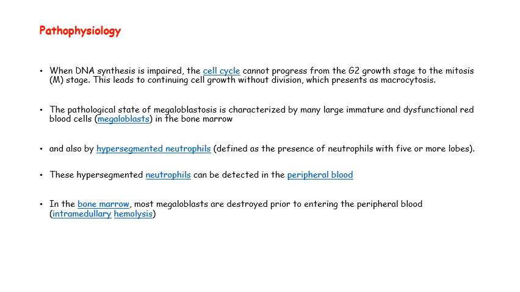The pathological state of megaloblastosis is characterized by many large, immature, and dysfunctional red blood cells, what's called megaloblasts, in the bone marrow, and also by hypersegmented neutrophils, defined as the presence of neutrophils with 5 or more lobes. These hypersegmented neutrophils can be detected in the peripheral blood and in the bone marrow. Most megaloblasts are destroyed prior to entering the peripheral blood, what's called intramedullary hemolysis.